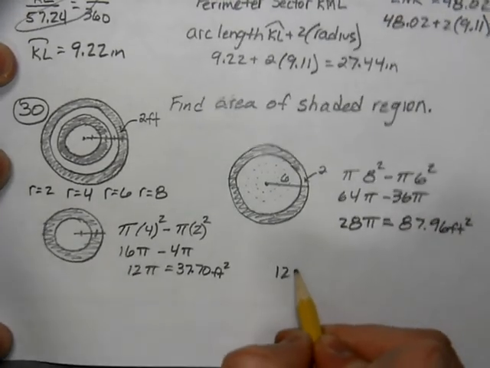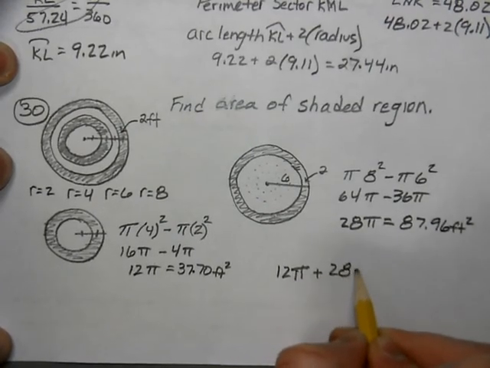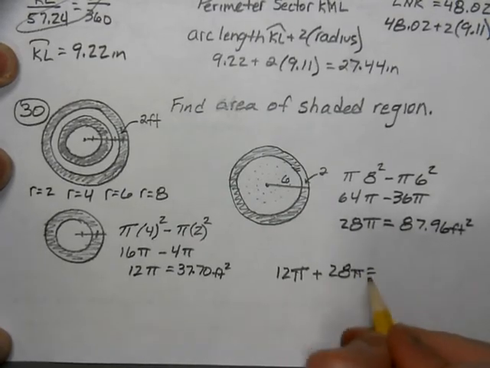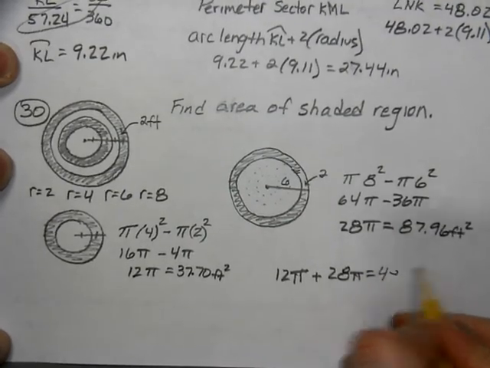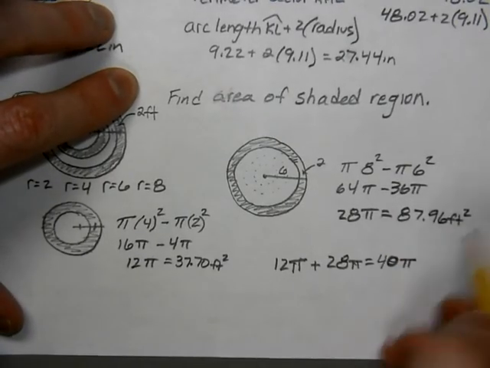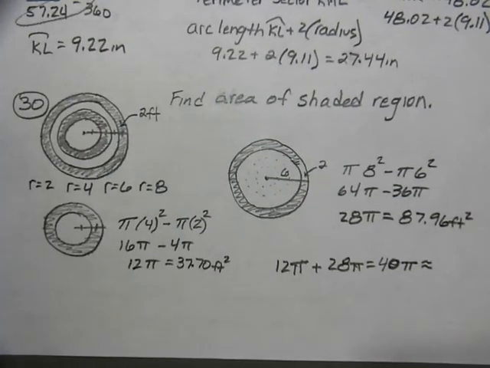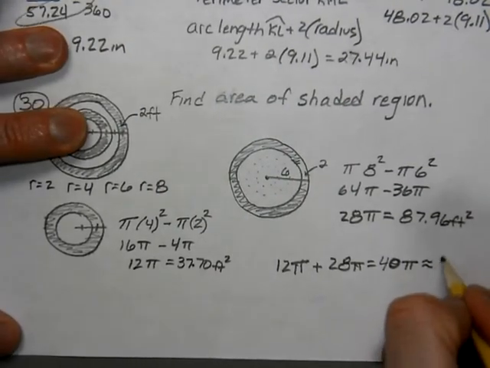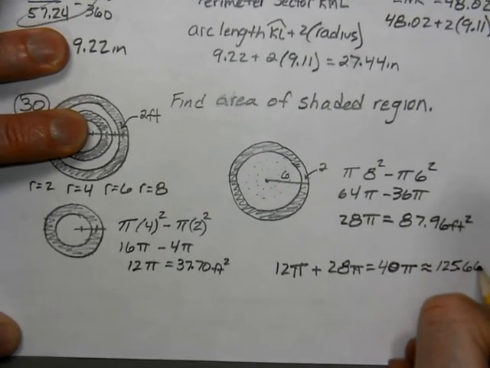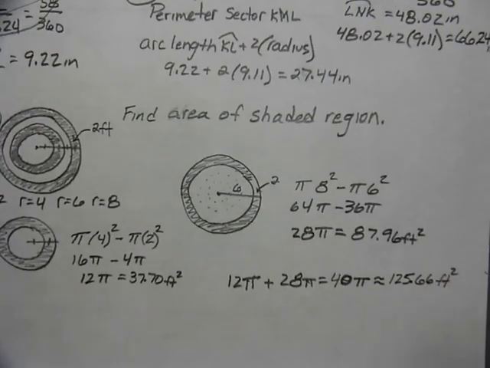So we're going to take 12 pi and add that to the 28 pi to give us 40 pi, which is approximately 125.66, and those are in feet squared.